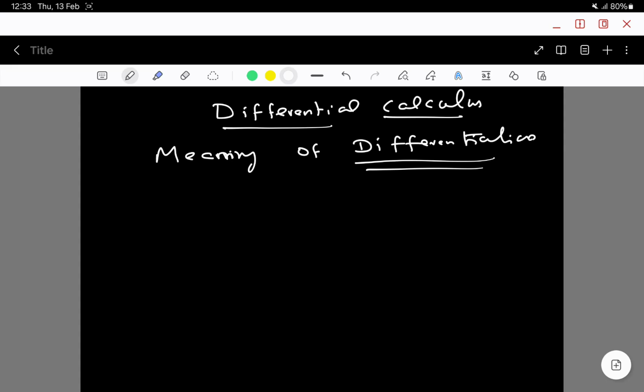There are three meanings of differentiation. The first one is the geometrical meaning. The second one is the mathematical meaning.